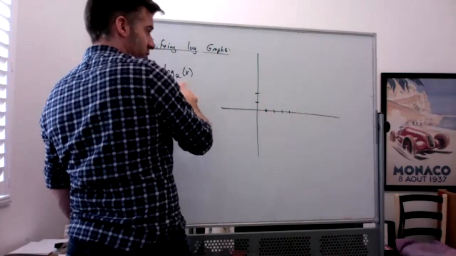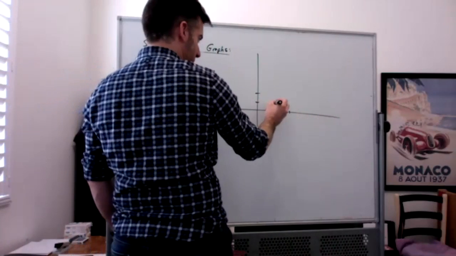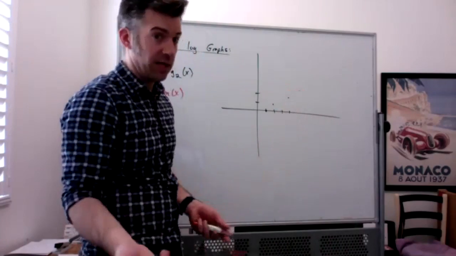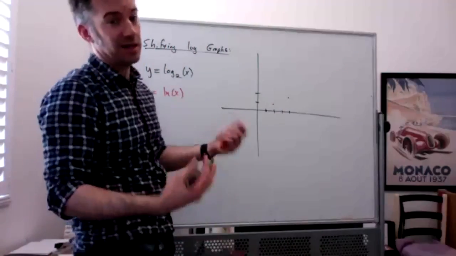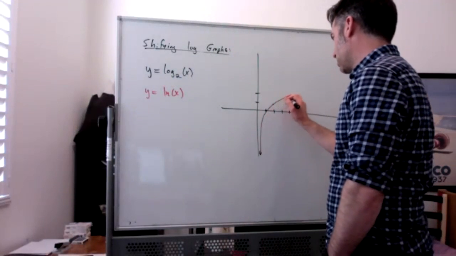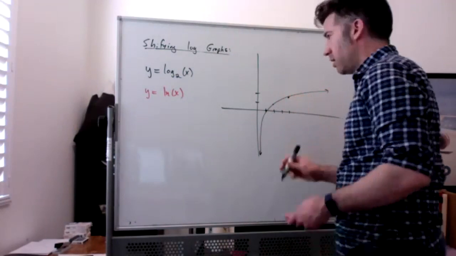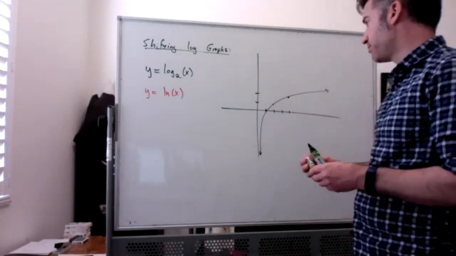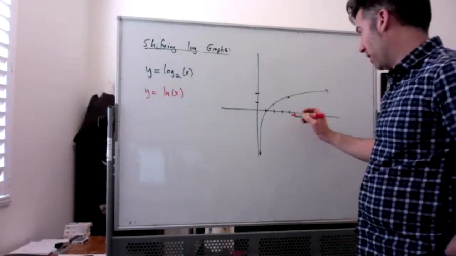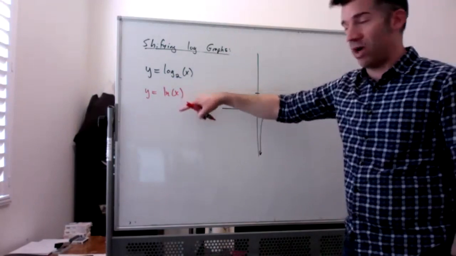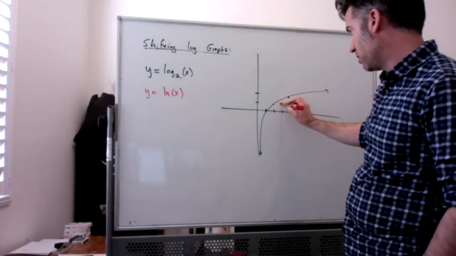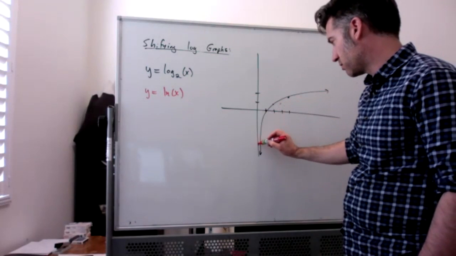And with log base 2 of x, you'd also get the point where x is 2 and y is 1, when x is 4 and y is 2, and when x is 8 and y is 3, and so on. So looking like this. And then the natural log of x is a little bit less steep, right? Because instead of x being 2 and y being 1, you get x being, say, e, which is about 2.7, and y being 1. So it looks kind of like this.